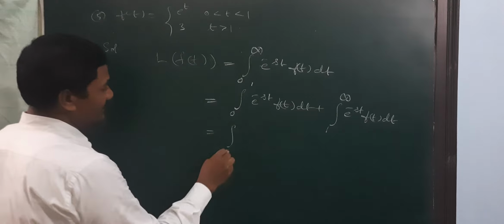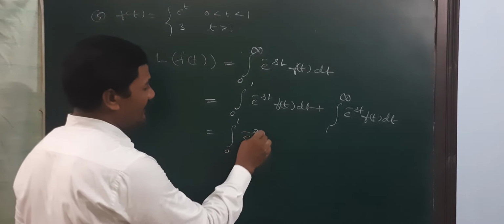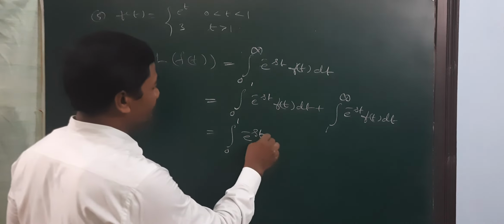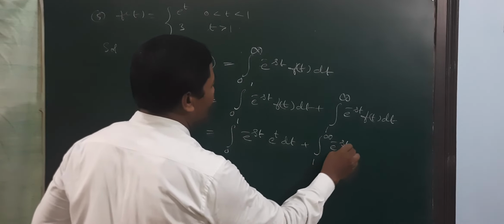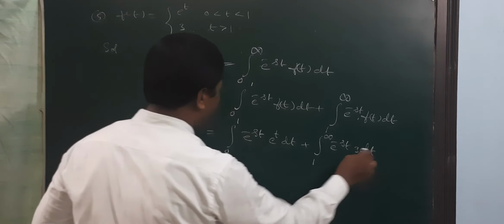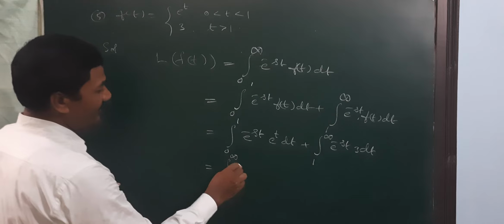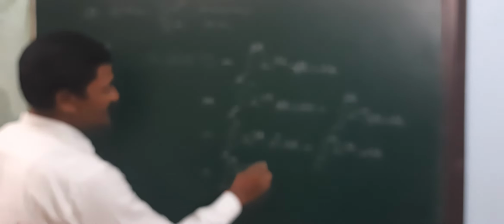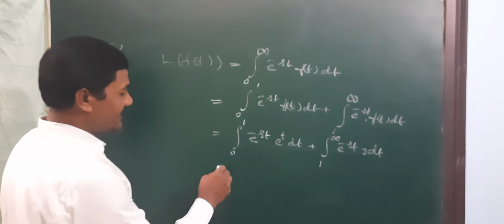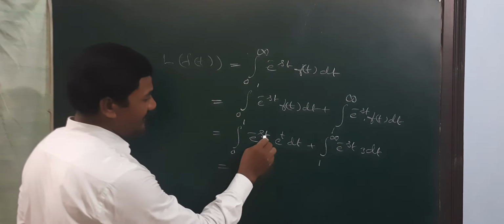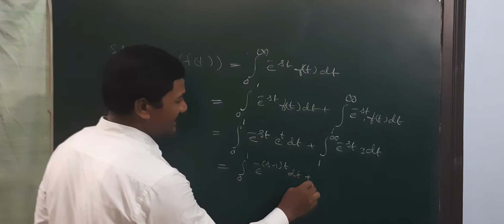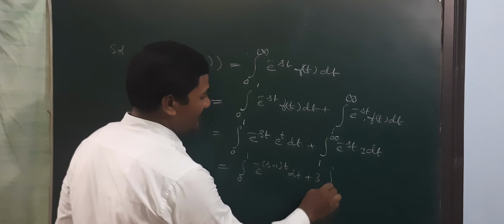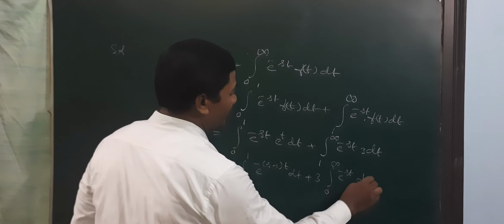This is equal to integral 0 to 1 of e power minus st into e power t dt, plus integral 1 to infinity of e power minus st into 3 dt. Combining, integral 0 to 1 of e power minus of s minus 1 t dt, plus 3 as a common term, integral 1 to infinity of e power minus st dt.